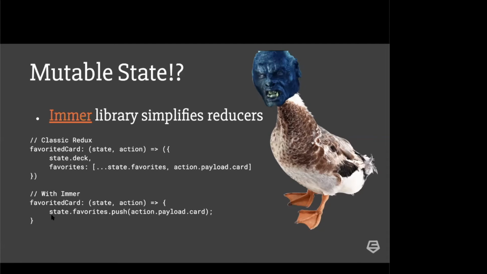There's a lot of magic happening under the hood, but it's essentially a dirty object tracker, where it detects changes to state and then constructs new state implicitly. So it looks like mutable state is back on the menu.